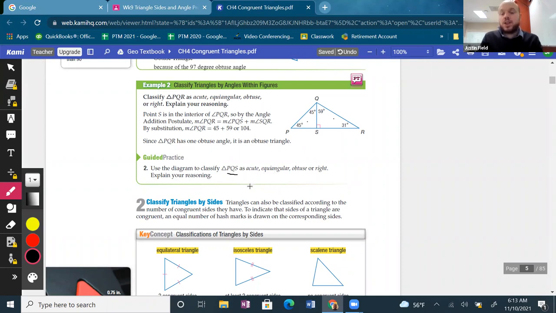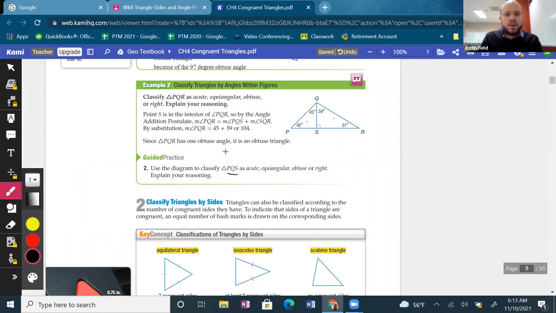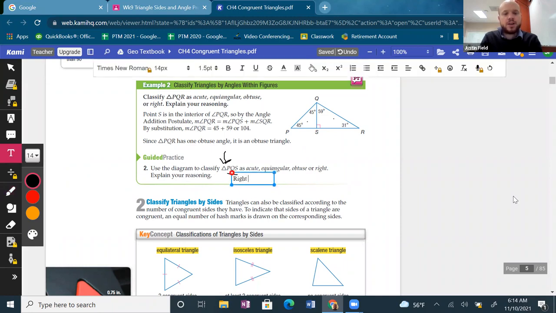Just like we name angles with 3 letters, we also name triangles with 3 letters. But instead of putting an angle symbol in front, we put a triangle symbol in front. So PQS is a right triangle because angle S is a right angle on that side and also on the other side. That's not labeled.